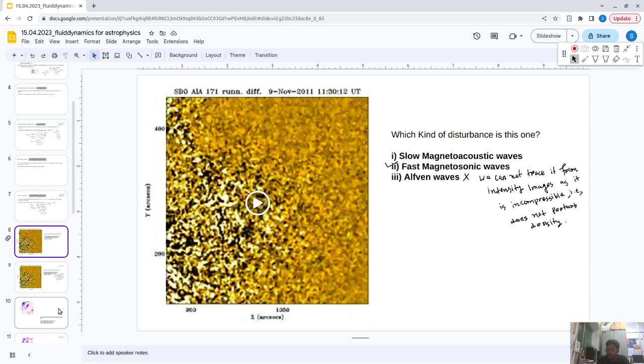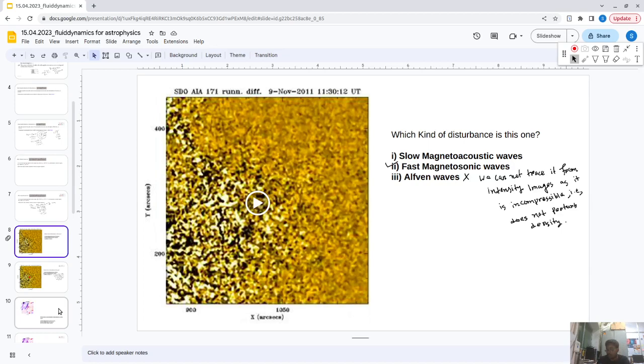And since we are looking at intensity images taken from imaging spacecraft, you should not trace the presence of an Alfvén wave, because it is not part of the density. That means your intensity images should not have any trace of the Alfvén wave. Rather, you should have slow or fast modes of magnetosonic waves, because those are compressible and can be traced from the intensity images.